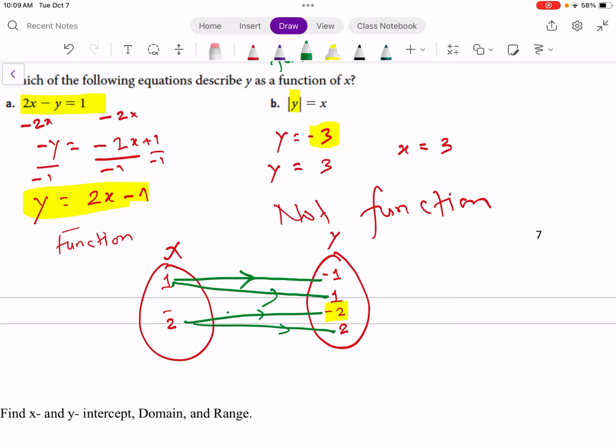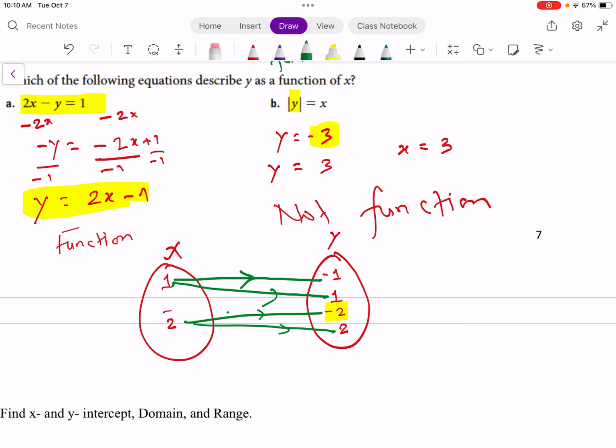To be a function, every value of x must have exactly one value. But from this equation, when our x is 1, we get two values of y. When our x is 2, we get two values of y. And because of this, our second equation is not a function.